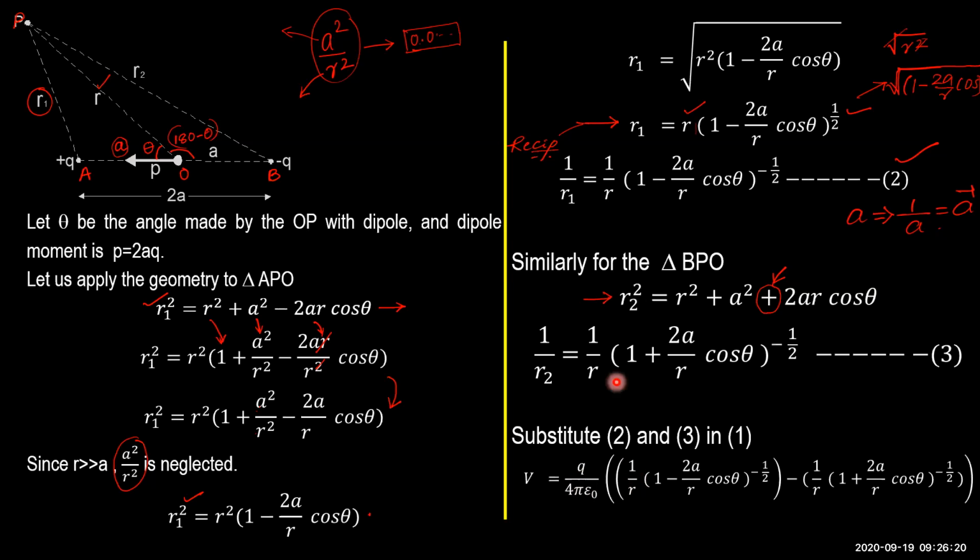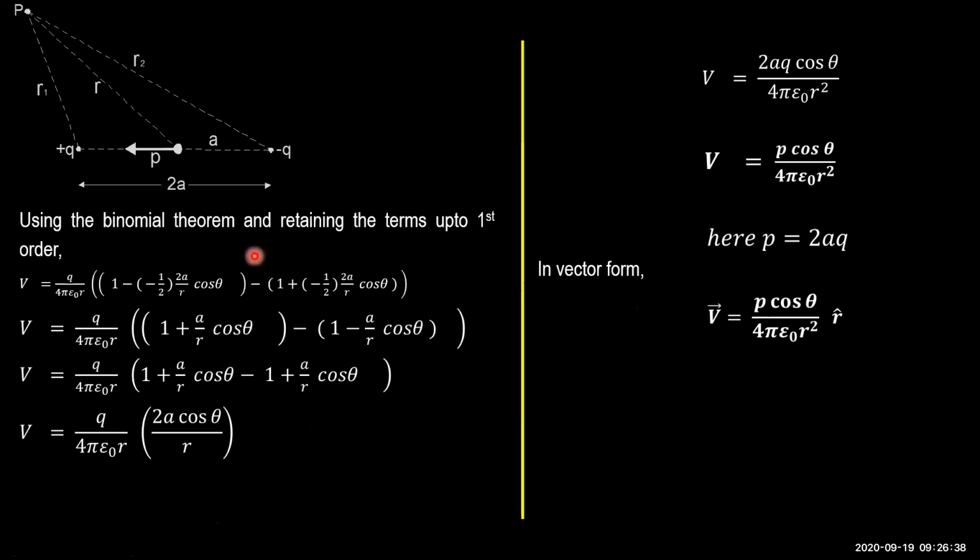Instead of 1 by r1, we took the equation 2 RHS, then from equation 3 we took 1 by r2, we made the substitution, right? A big equation is obtained. Now here we have to apply the binomial theorem, what we have learnt in the PUC first year. Have you learnt about the binomial theorem under algebra?